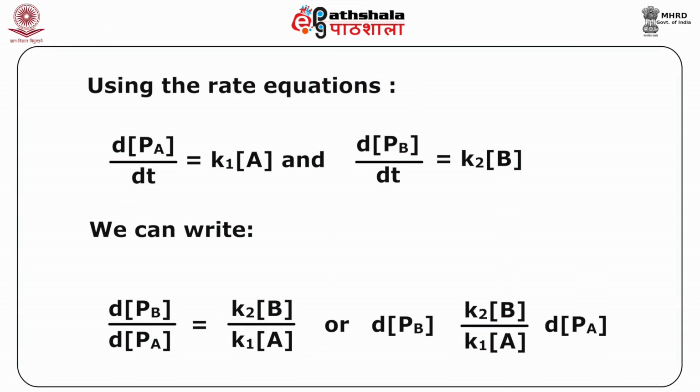Deriving a mathematical relationship based on the Curtin-Hammett principle. Using the rate equations dPa/dt equals K1 times the concentration of A, and dPb/dt equals K2 times the concentration of B, we can write dPb/dPa equals K2/K1 multiplied by the concentration of B divided by the concentration of A, or dPb equals K2B/K1A times dPa.